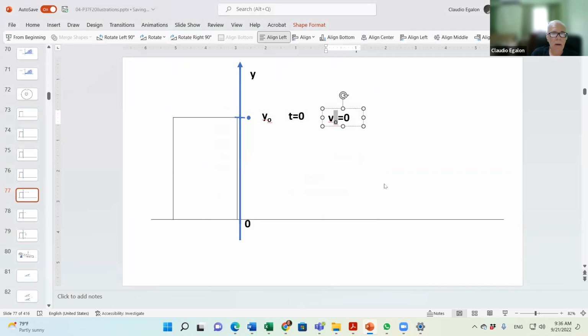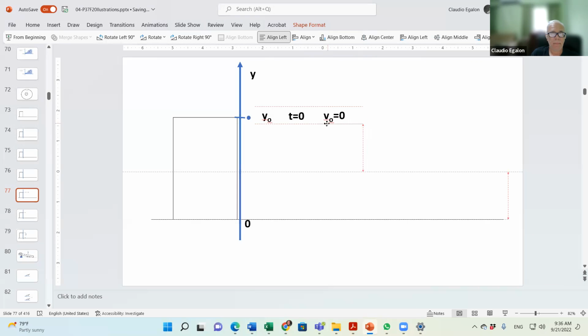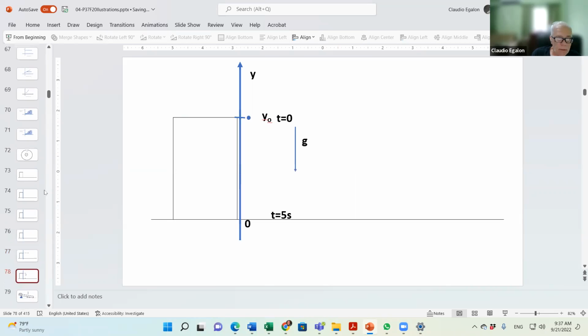You time how long it takes for the stone to reach the ground, and it takes 5 seconds.